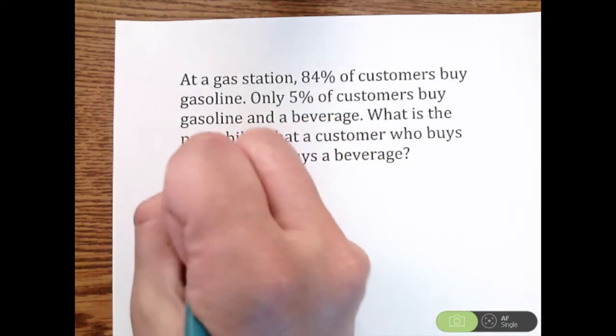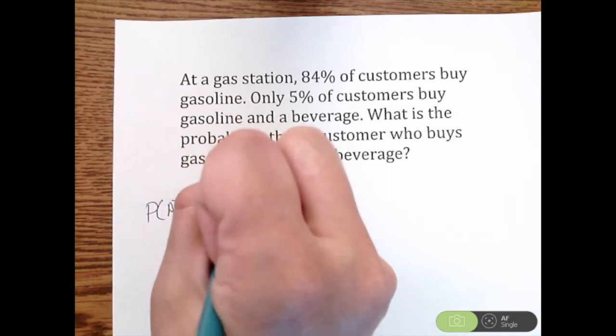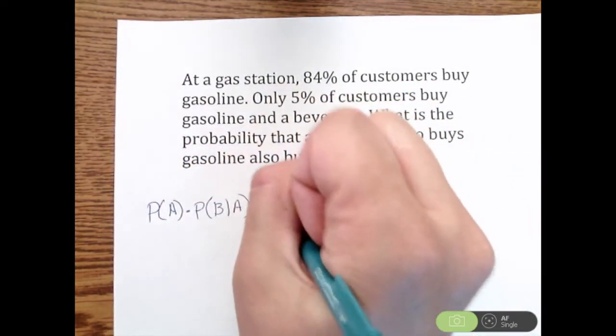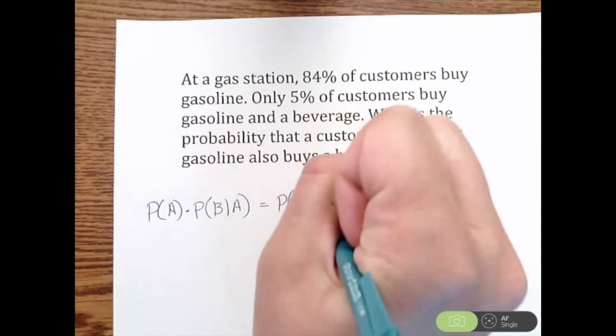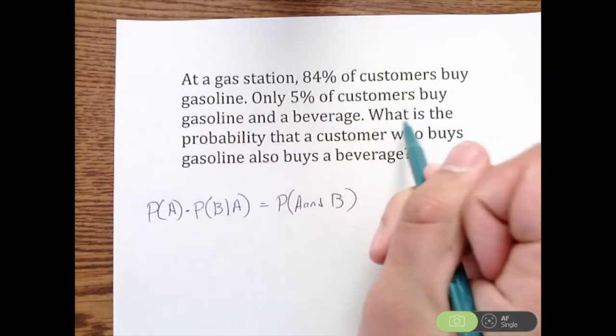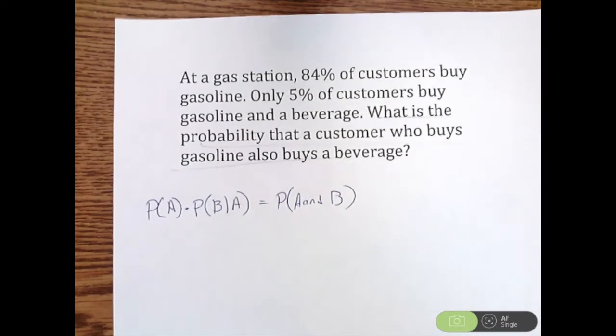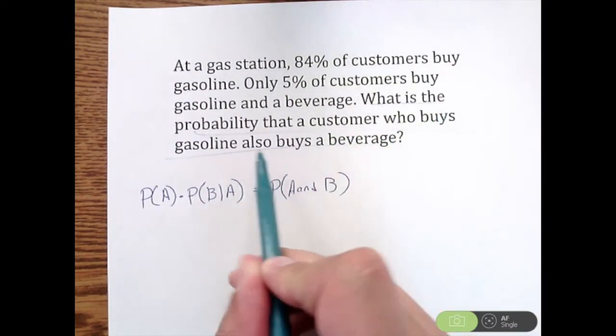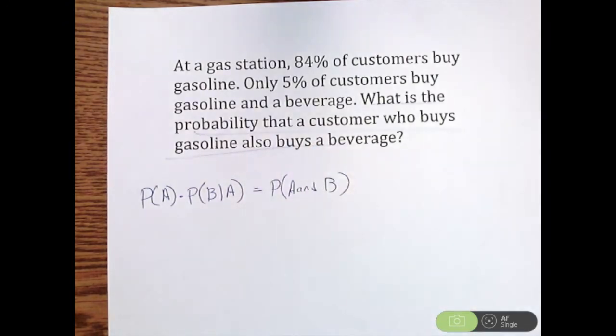Remember that the probability of A times the probability of B given A is the same as the probability of A and B. They're asking us for the conditional probability: given they're a customer who buys gasoline, what is the probability that they buy a beverage?